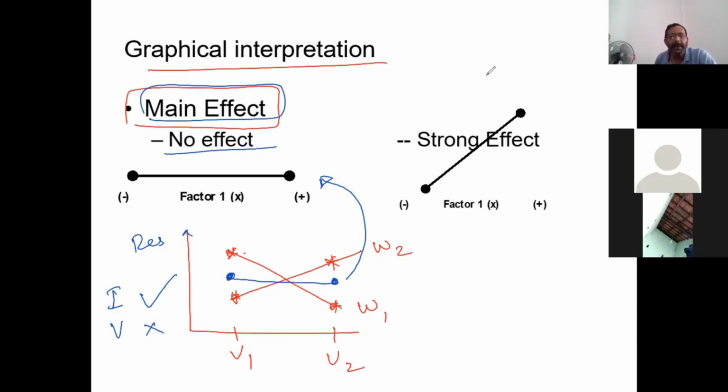What is the response between W1 and W2? Very difficult to get the response of the average between W1 and W2. I will use another color. Average of W1 and W2.